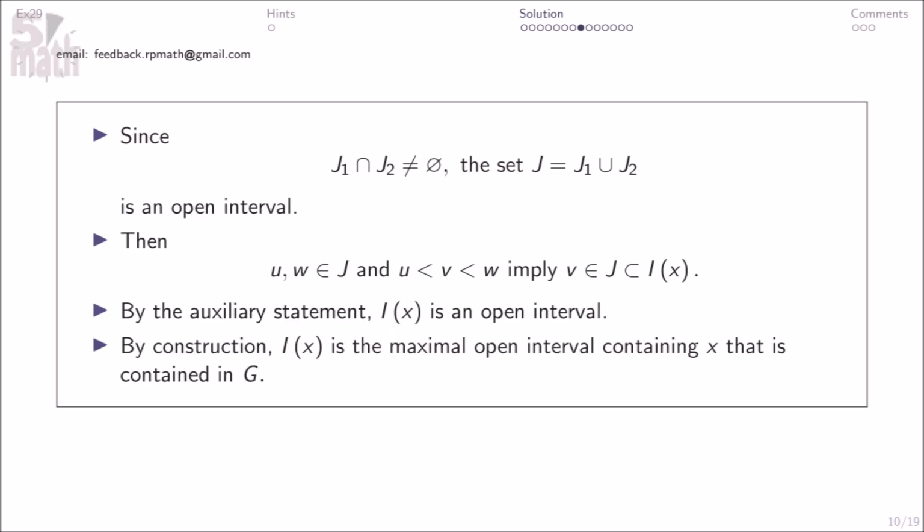Since this, the set J equals this is an open interval, then u, w element of J and u less than v less than w imply this. By the auxiliary statement, I of x is an open interval. By construction, I of x is the maximal open interval containing x that is contained in G.